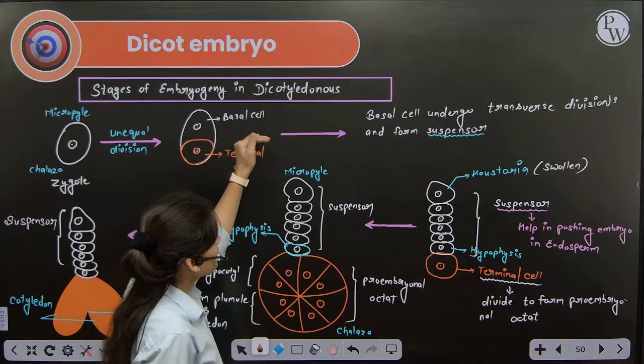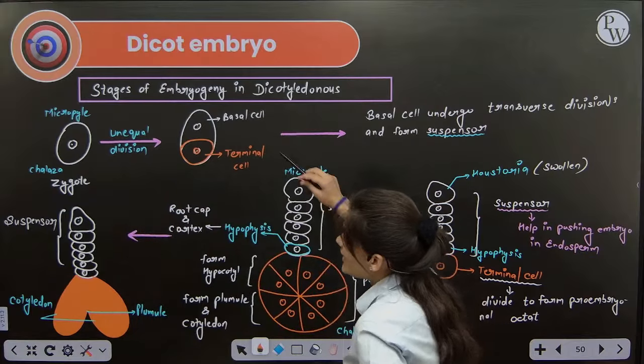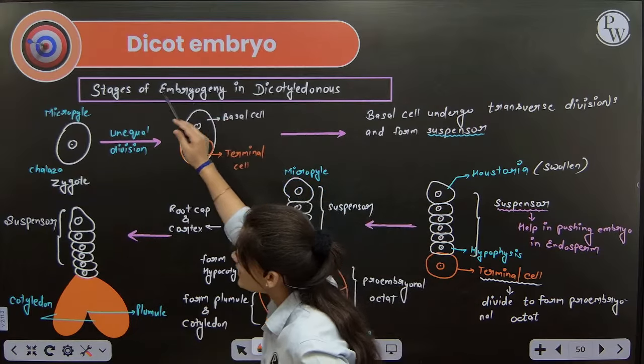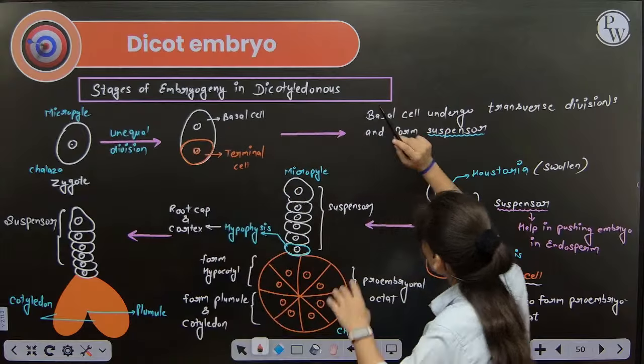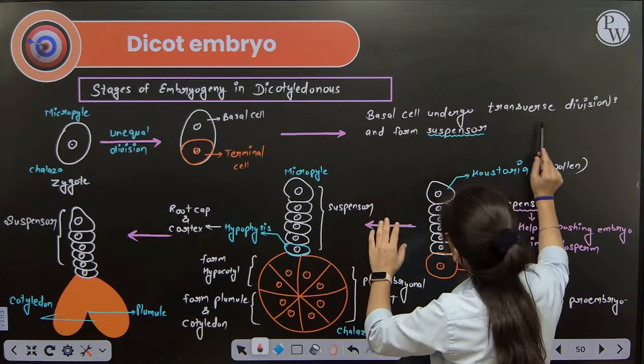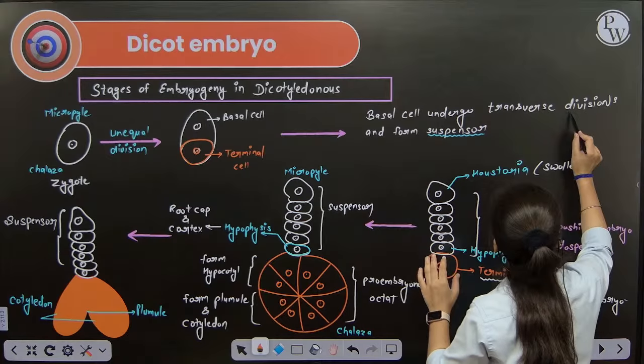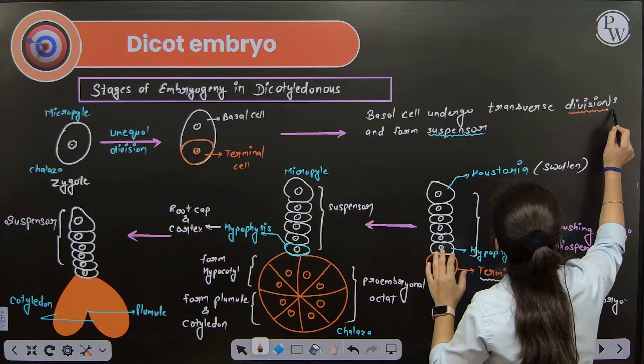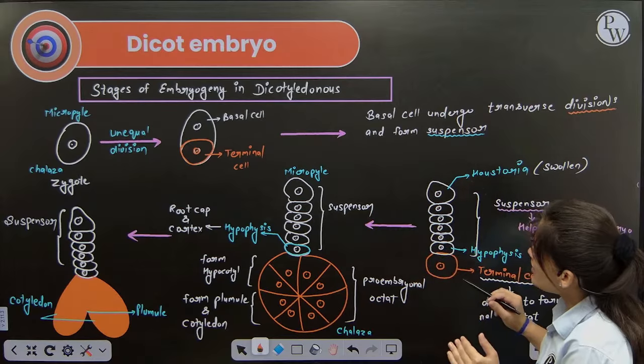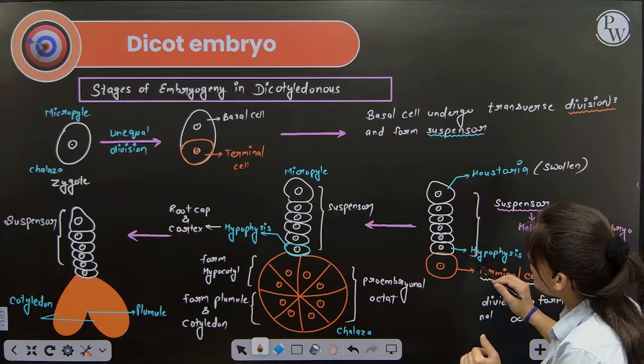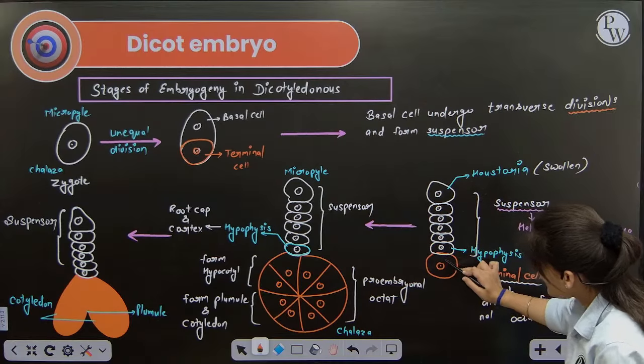Then what happens? The basal cell, which is present towards the micropyle, undergoes transverse division and forms the suspensor. This is the terminal cell.